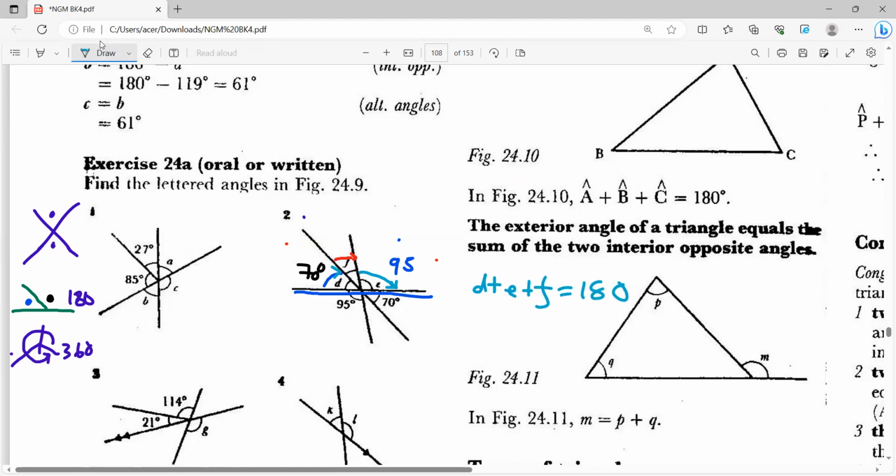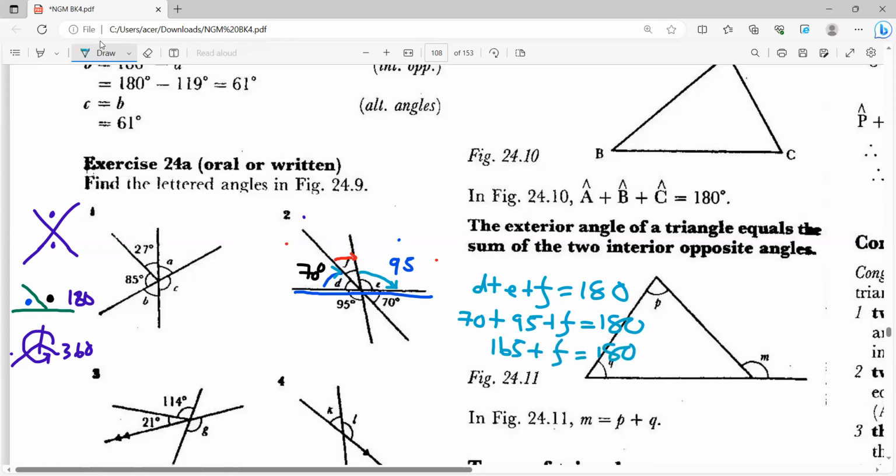And we substitute the values that we know. We know D is 70 plus E 95 plus F must give us 180. They are on a straight line. So 70 plus 95, let's do that. 95 plus 70, we get 165. So 165 plus F is equal to 180.